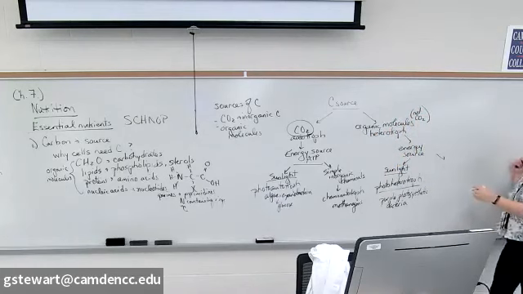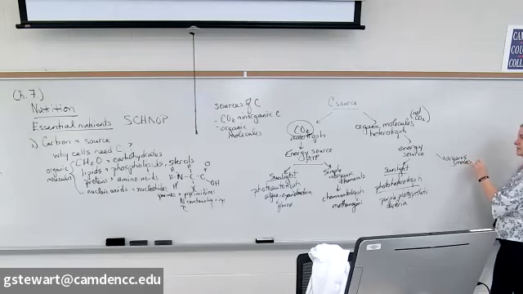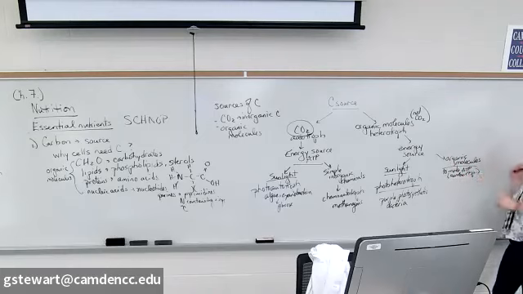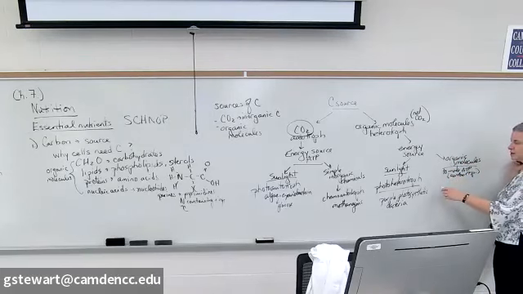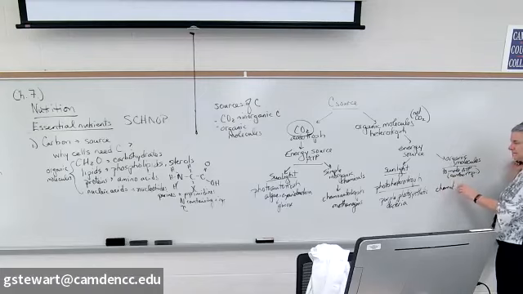And then last but not least, if you use organic molecules as your energy source to make your ATP, so think aerobic respiration, or fermentation, where you're using glucose and breaking it down and using an electron transport chain to make your ATP, or just simple phosphorylation, then we call you a chemoheterotroph.